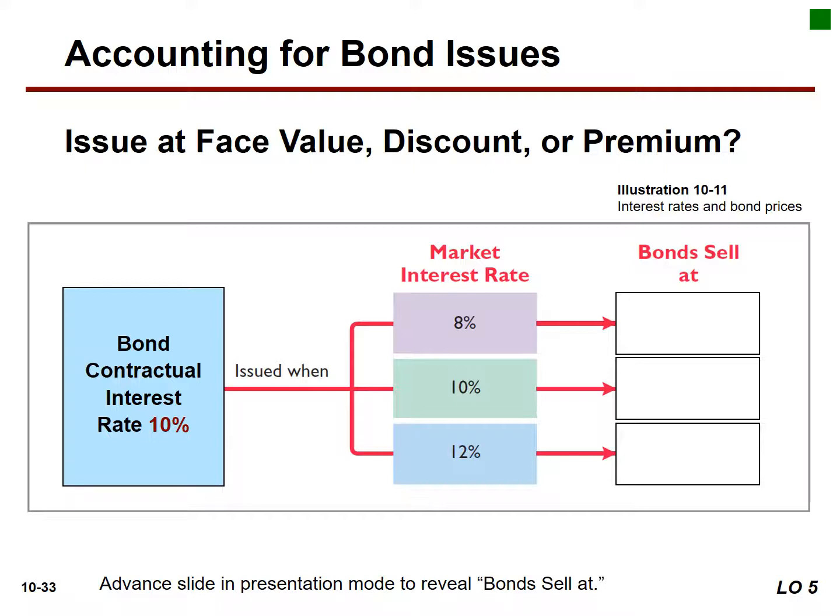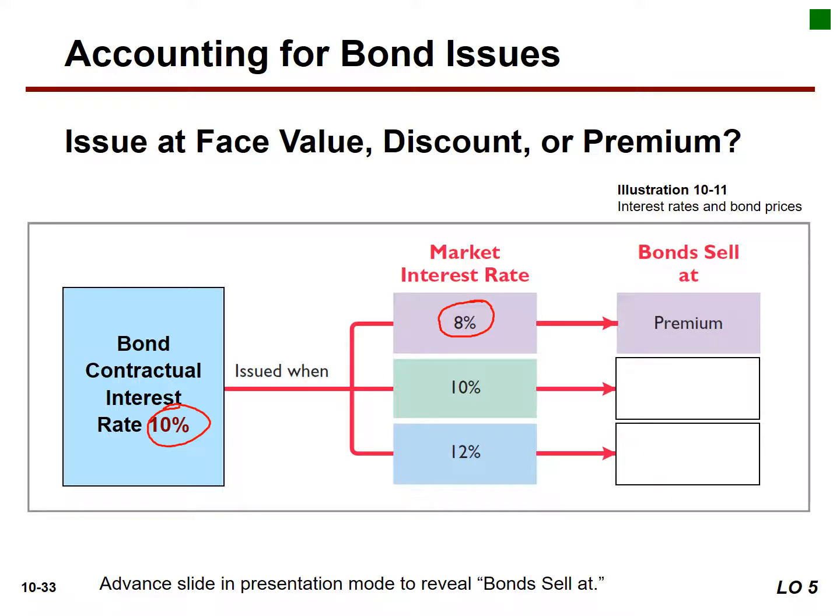So let's say this company has set their contractual interest rate at 10%, and at the time they actually issue or sell the bonds, market interest rates have fallen down to 8%. Well, if the current market rate is 8% and I've got a bond that I'm selling at 10%, that's going to be a very attractive investment for an investor.